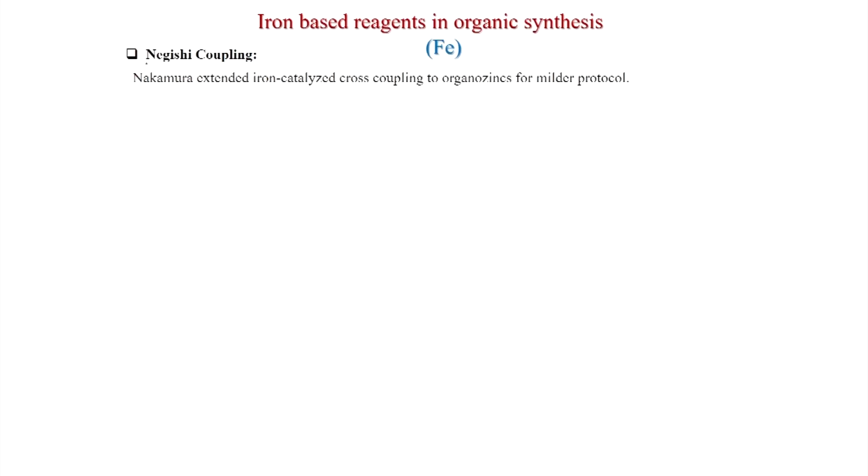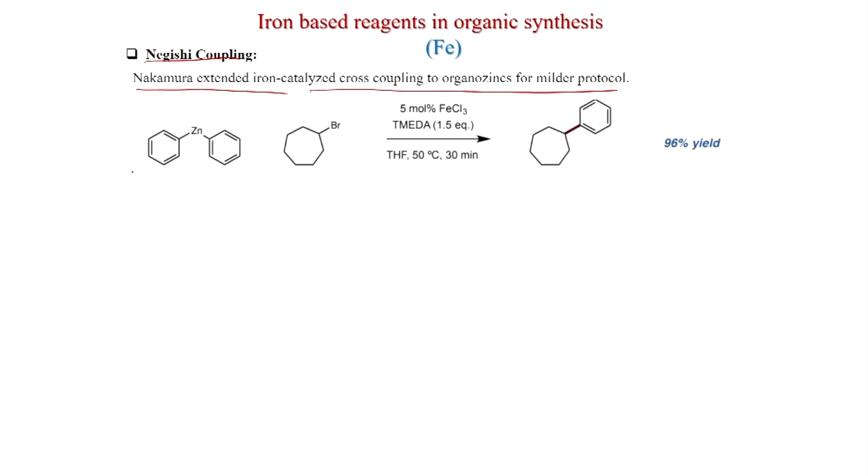Now, we will discuss Negishi coupling. Nakamura extended iron catalyzed cross coupling to organozincs for a milder protocol. Here diphenyl zinc with cycloheptyl bromide, with 5 mole percent ferric chloride, TMEDA 1.5 equivalent, THF, 50 degree centigrade, 30 minutes, you get this cross coupled product in 96% yield.